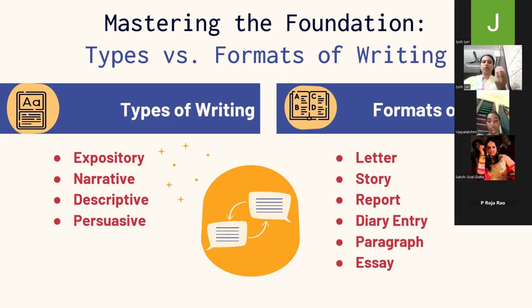With expository, we are trying to explain something. With narrative, we are trying to narrate a story step by step. With descriptive, we are trying to describe something in as much detail as possible. With persuasive, you're trying to almost manipulate somebody into agreeing with you. So that is the types of writing by purpose. What are you trying to do? What are you trying to achieve?